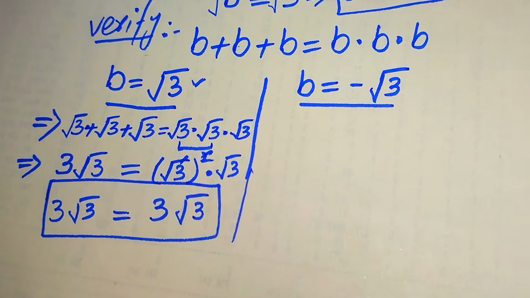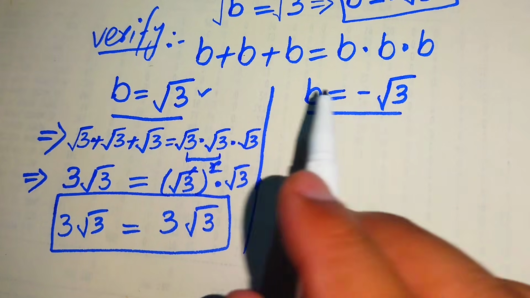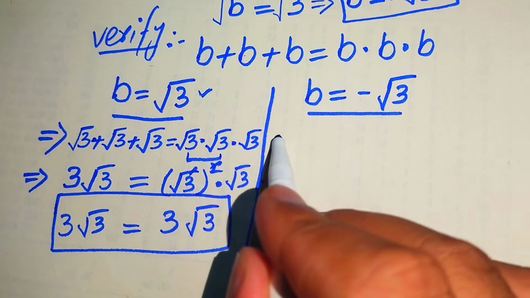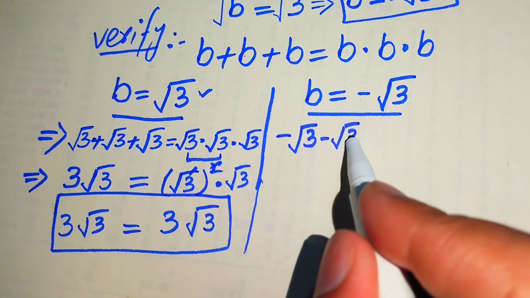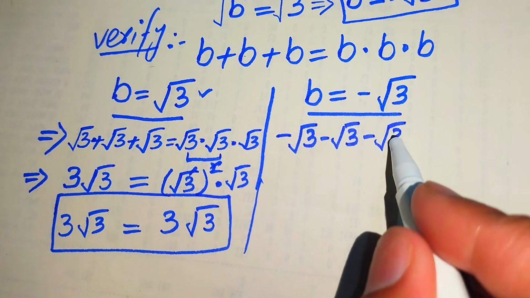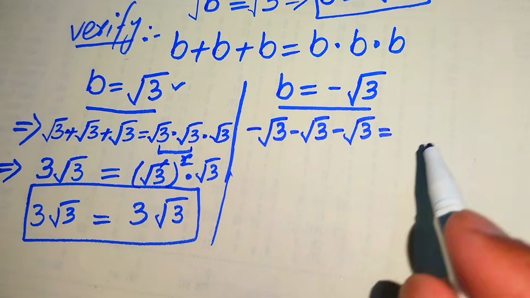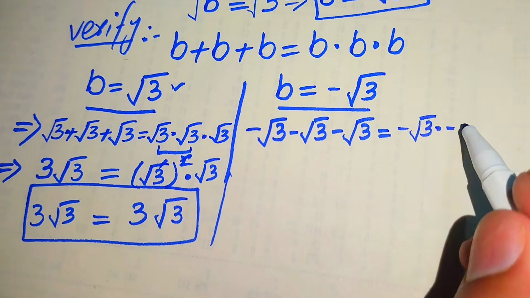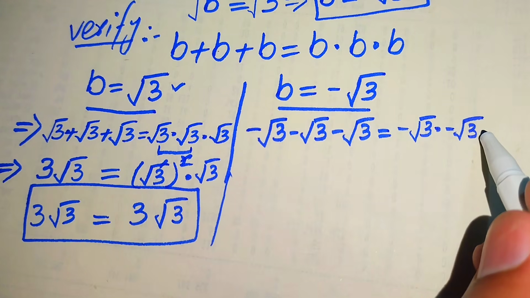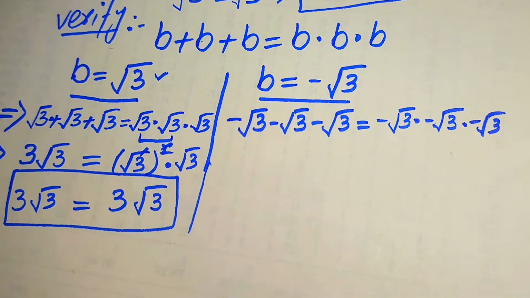And now in the same pattern we verify the second value of b. So we put b equals minus square root of 3 on both sides, and it will be written as minus square root of 3 minus square root of 3 minus square root of 3 is equal to, when we put it into the right hand side, it becomes minus square root of 3 multiplied by minus square root of 3 multiplied by minus square root of 3.